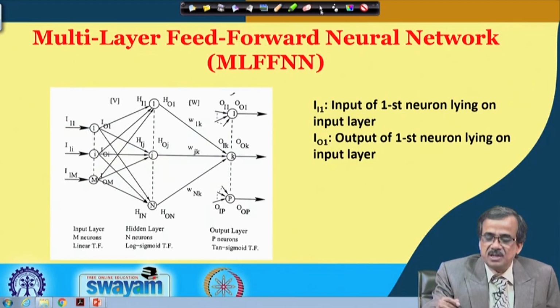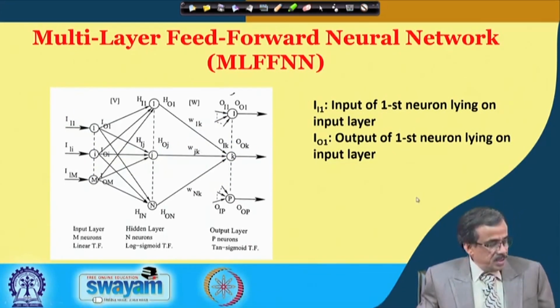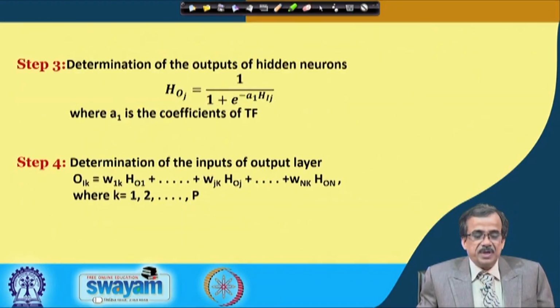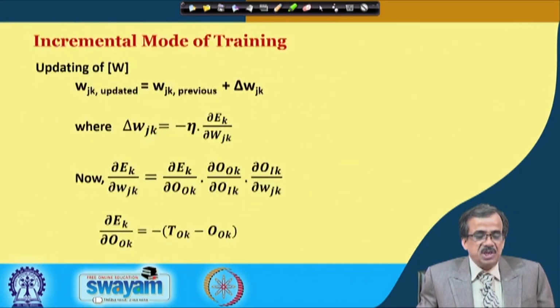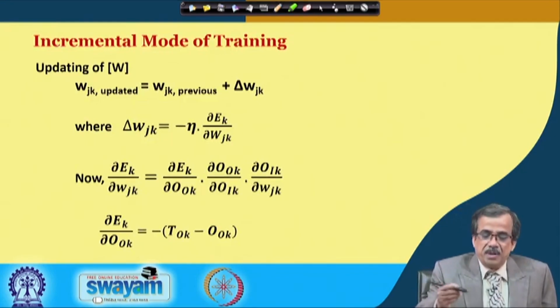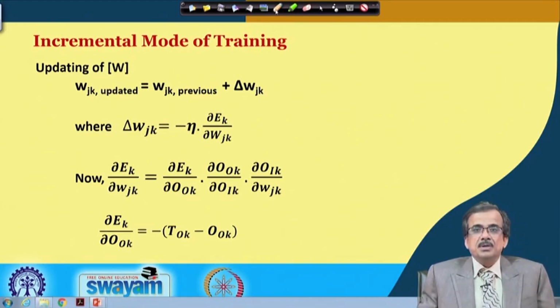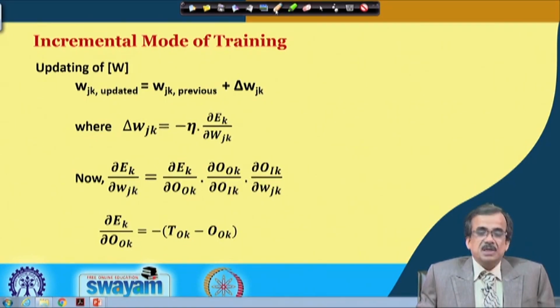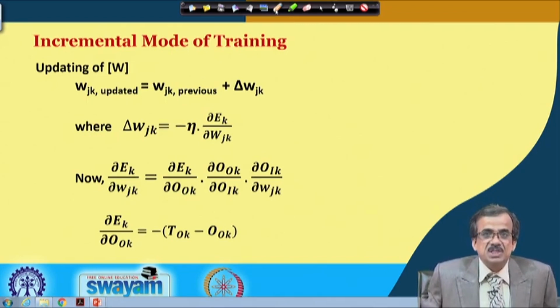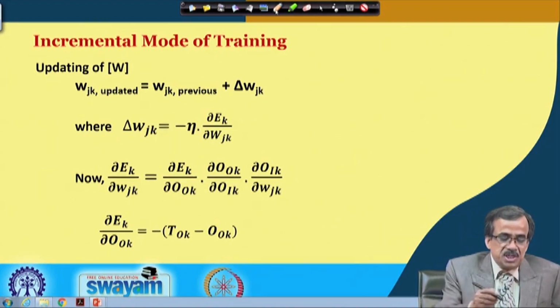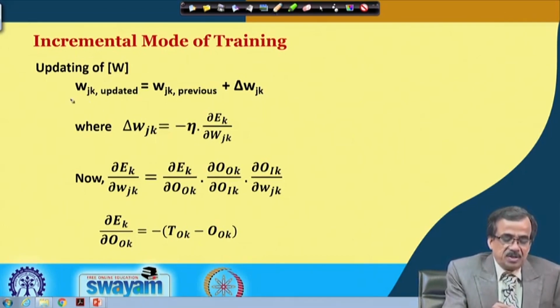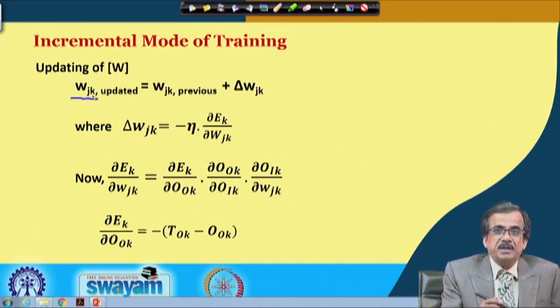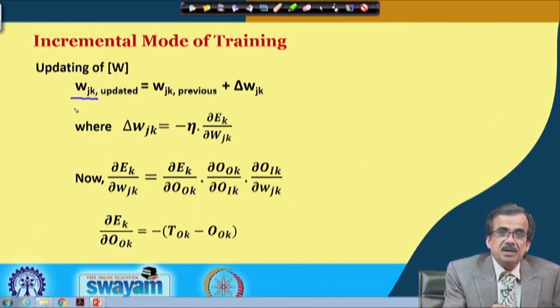Now, with this understanding, let me start with the principle of incremental training, the principle of which I have already discussed in details. Now, I am just going to discuss how to update this Wjk. Wjk is nothing but the connecting weight between the jth hidden neuron and the kth output neuron.